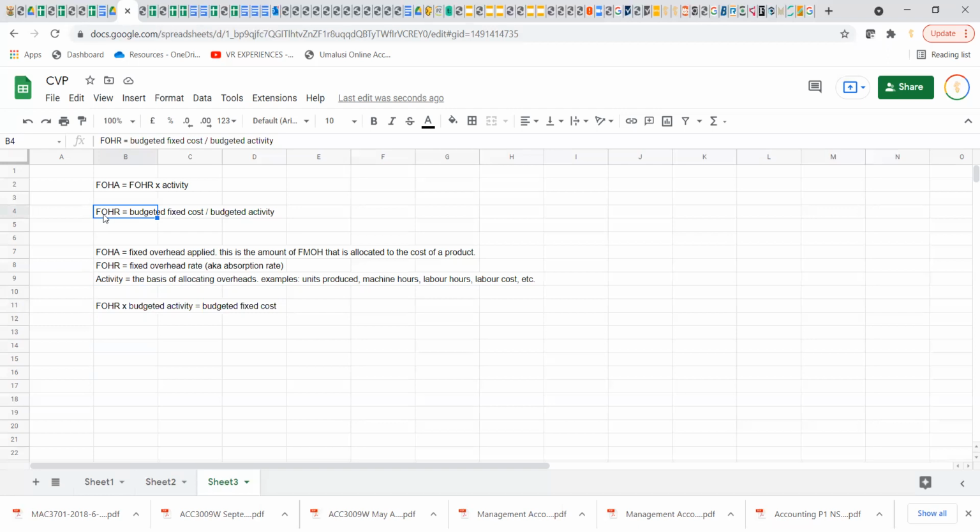Whenever you think of additional costing, run this formula through your head and tell yourself what the variables are. So for fixed overhead applied, this is the formula: budgeted costs over budgeted activity. Remind yourself what drives budgeted costs and what drives budgeted activity.